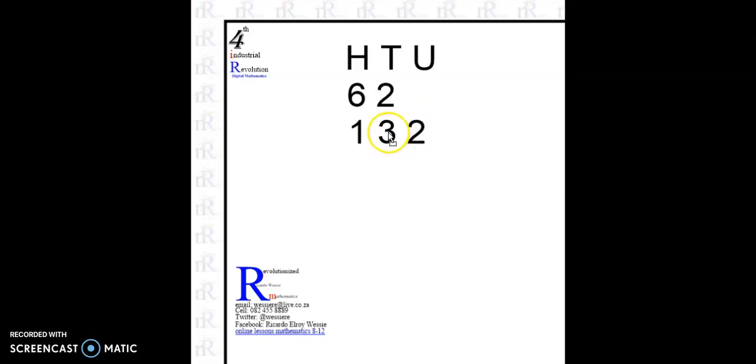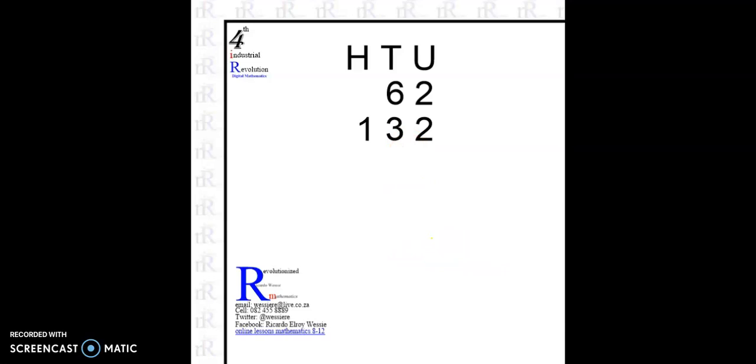If I look at the information given here, 62 is not 6 hundreds. 62 refers to 6 tens and 2 units and must be placed accordingly in the right position. 132 is 1 hundred, 3 tens and 2 units. If I list it, it will be in the right place.